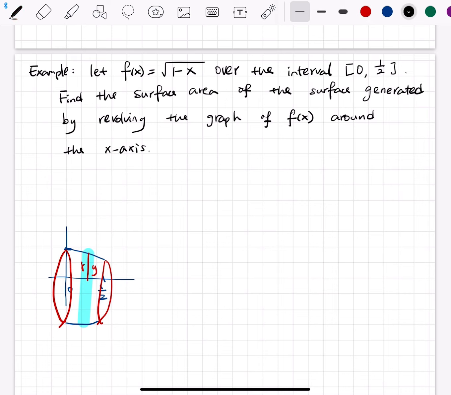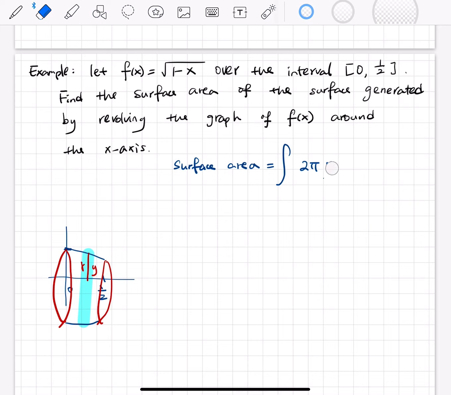So the formula: the surface area is going to be the integral of 2 pi r, which is the y, or f of x.